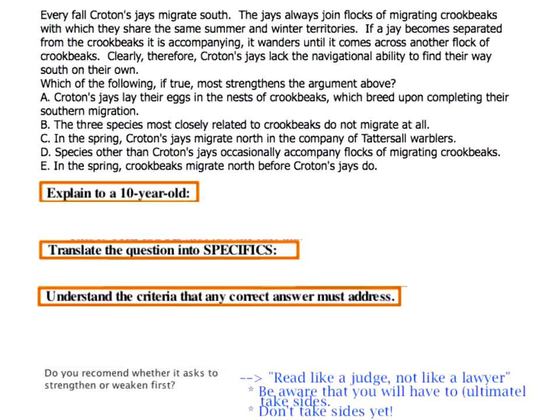All right, explain to a 10-year-old: what's going on here is you have these Crotton's jays, and they basically hitchhike with these crook beaks. The jays never go south alone. They never go south without crook beaks as escorts.